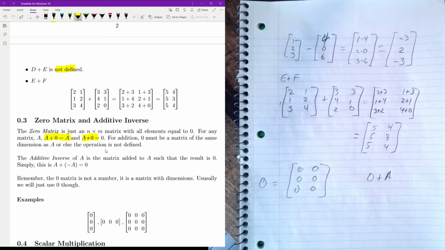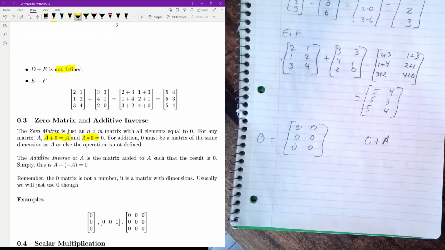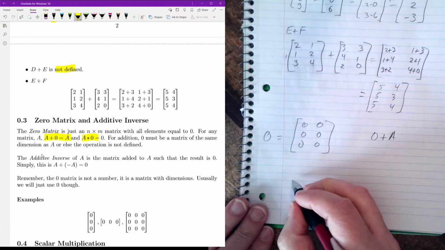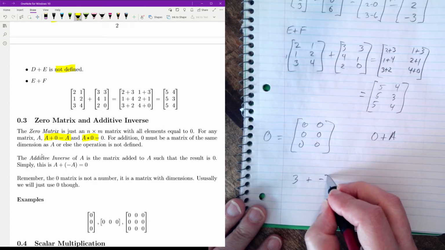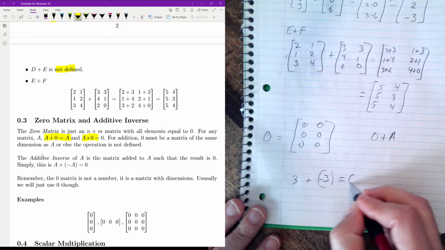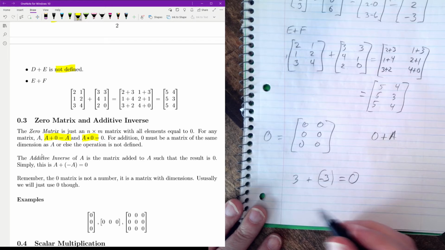The additive inverse is the matrix that you add to another matrix in order to get the result matrix 0. It sounds very confusing. It's really not. If you think of it in terms of numbers, the additive inverse of the number 3 is minus 3, and that gives you 0. So this is in terms of numbers.